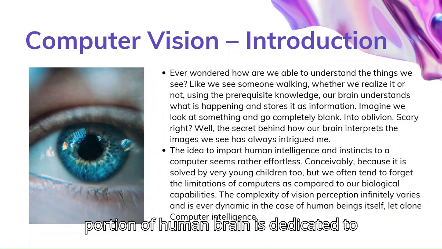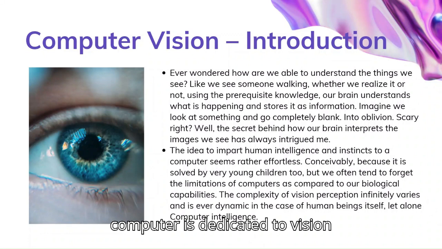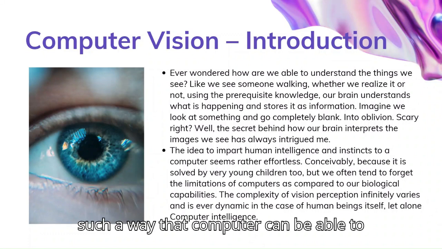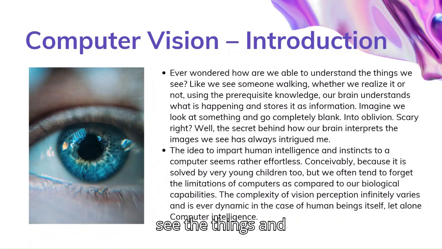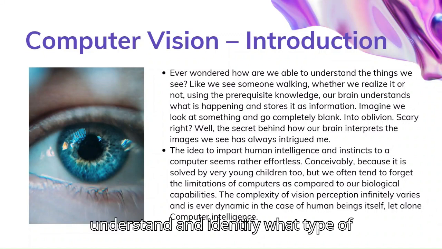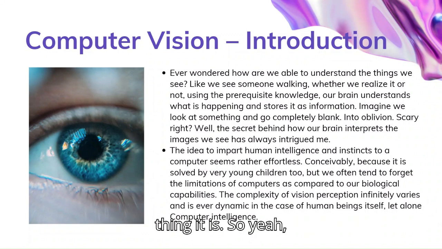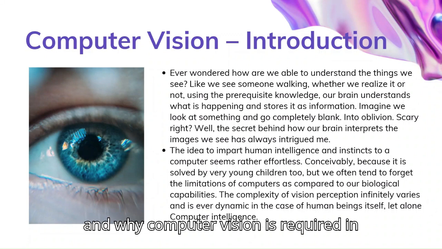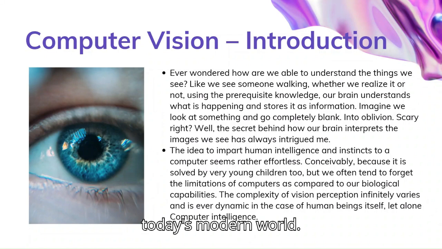The biggest portion of the human brain is dedicated to vision, and somehow it is not the case with a computer. So we have to train it in such a way that the computer can see things and understand and identify what type of thing it is. So yeah, this is the whole gist of computer vision and why computer vision is required in today's modern world.